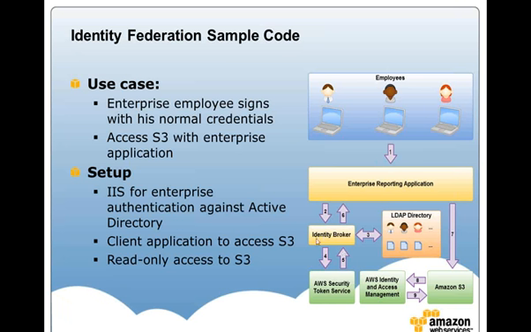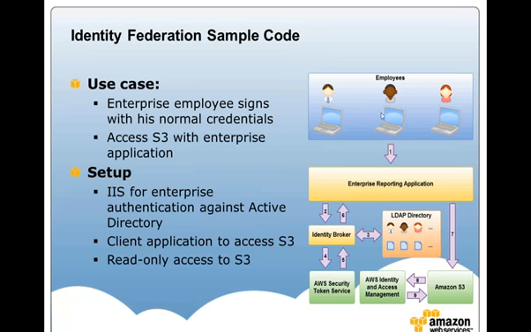And then that identity broker can call the security token service and ask for a set of credentials that allow Bob's identity access specifically to S3 and the folder /Bob under my bucket. So you can generate a policy on the fly and then hand out that credential set to the enterprise reporting app and also down to Bob.